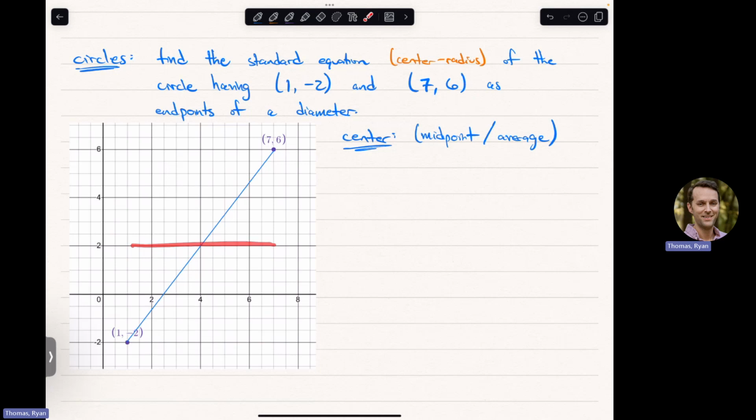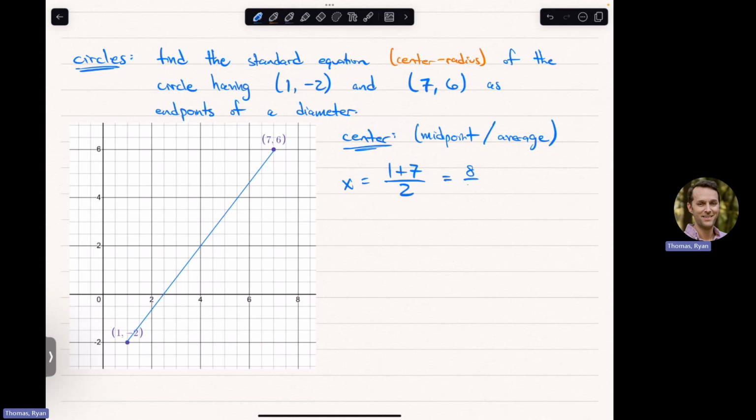It's going to be halfway between that way and also halfway between that way. So to find the x coordinate, what I'm going to do is take the average of the two x coordinates I have. The way you average two things is to add them together and divide by 2.